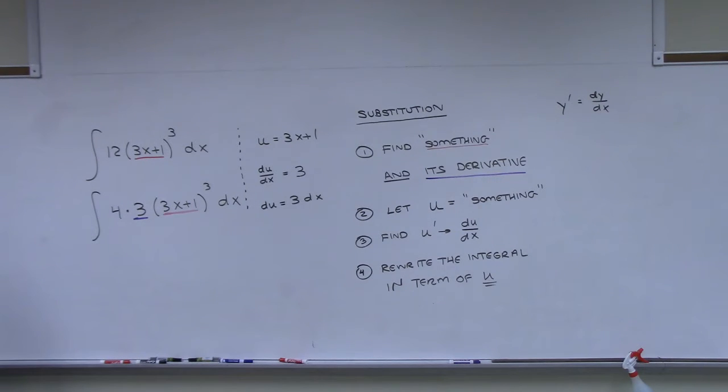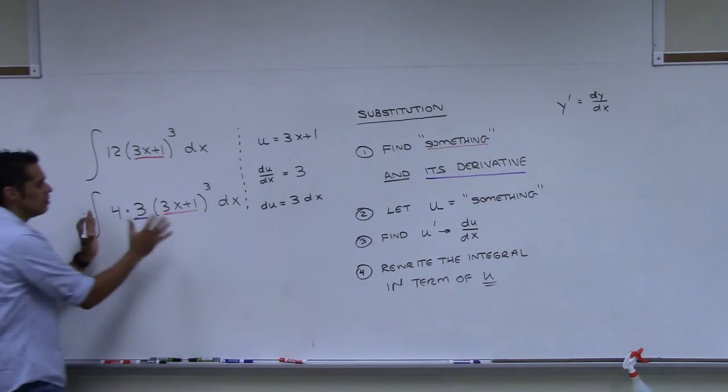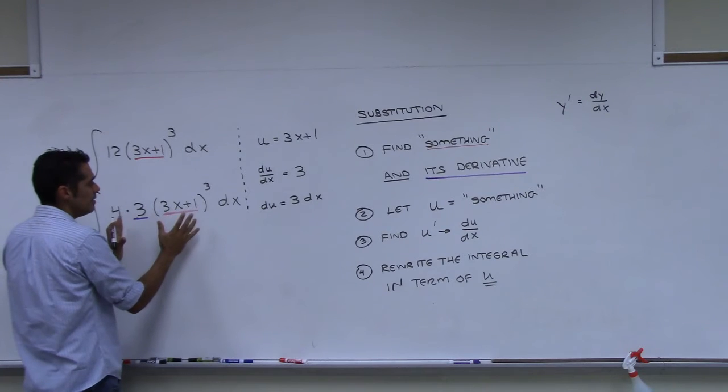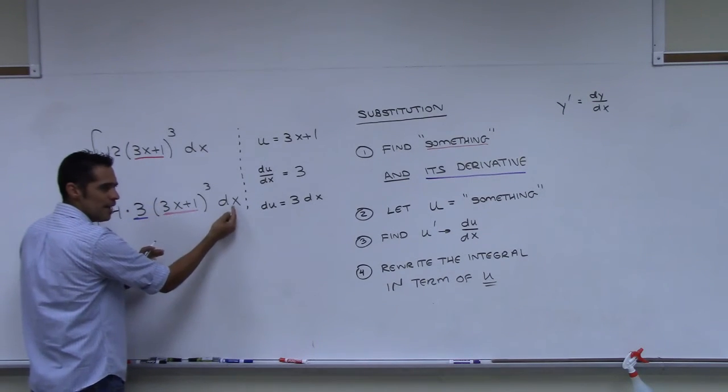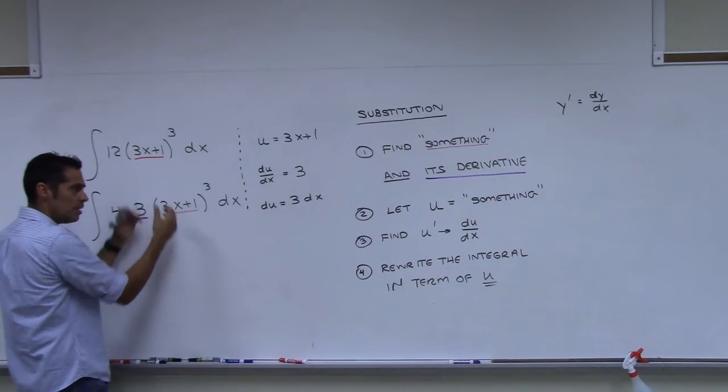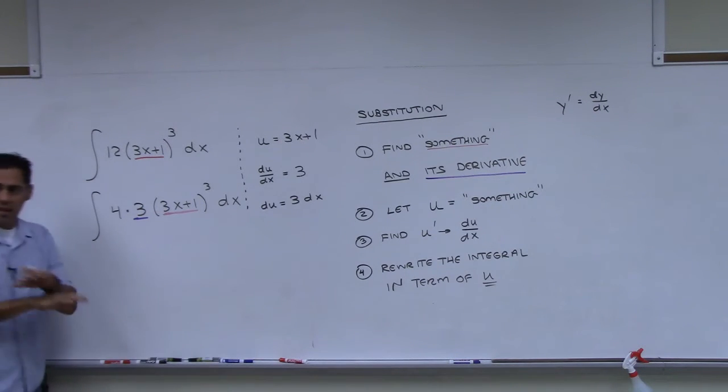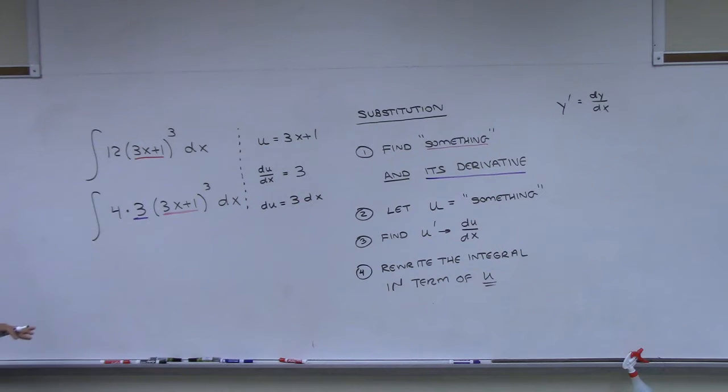Instead, we have u's. Does this seem like a lot of work to go backwards here? It's a lot more than just adding 1 to the power and putting 1 over n plus 1 out front. That's what makes this a little more challenging, because there's a lot going on. I'm going to rewrite this integral where there are no more x's. Everything in the new integral should just have u's in it.